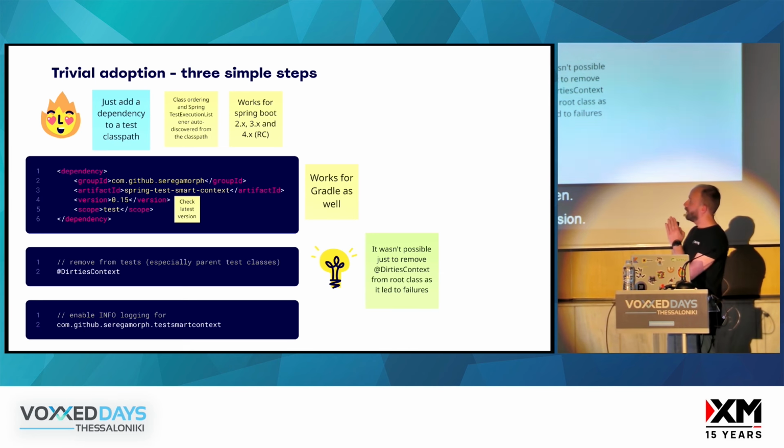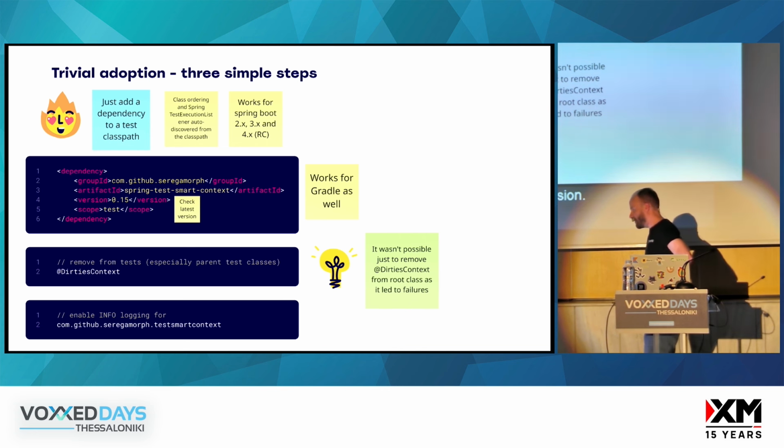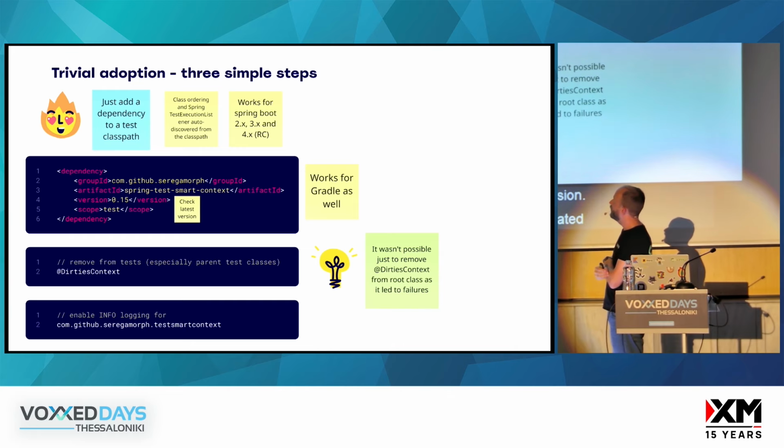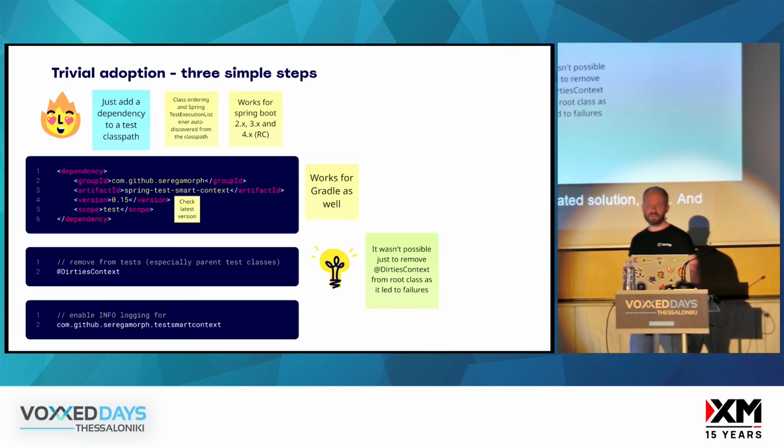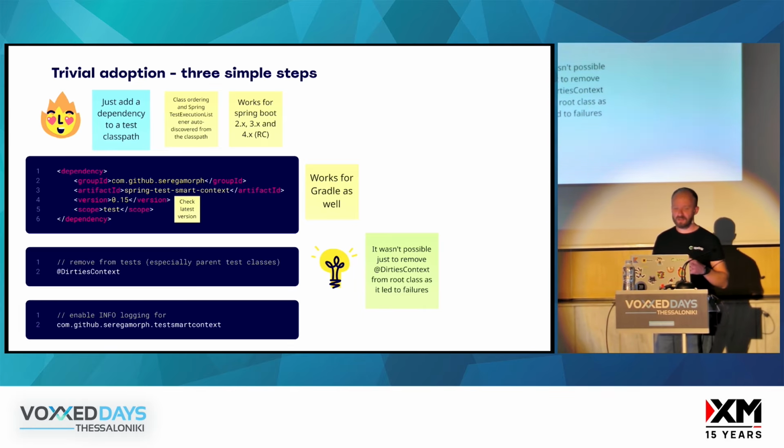So, we didn't want to bother our engineers with some very complicated solution, and for this we built a library that you can just add as a Maven dependency. It also works as a Gradle dependency, which supports Spring Boot 2, 3, and even Spring Boot 4.